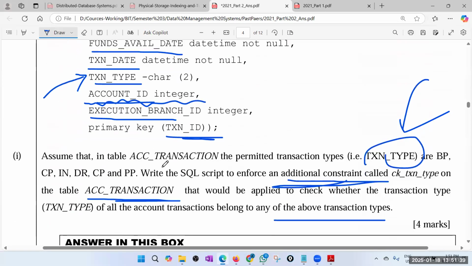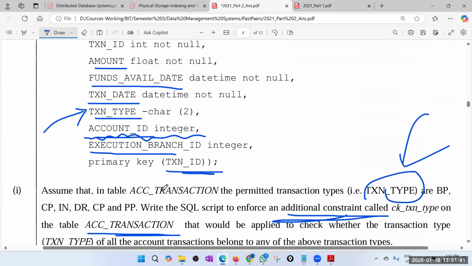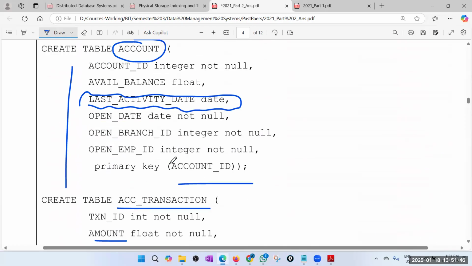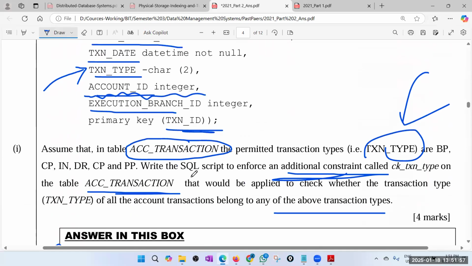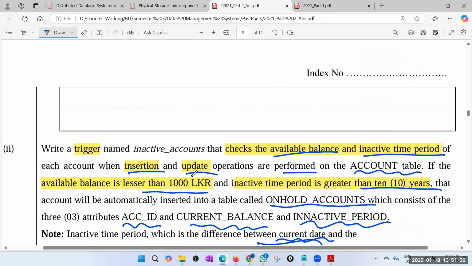Your trigger is for ACC transaction. You are writing the trigger for this class, but you need to access this one also from the account class. And you have two conditions also. First condition is that the available balance must be less than 1,000 and the inactive period is greater than 10 years.